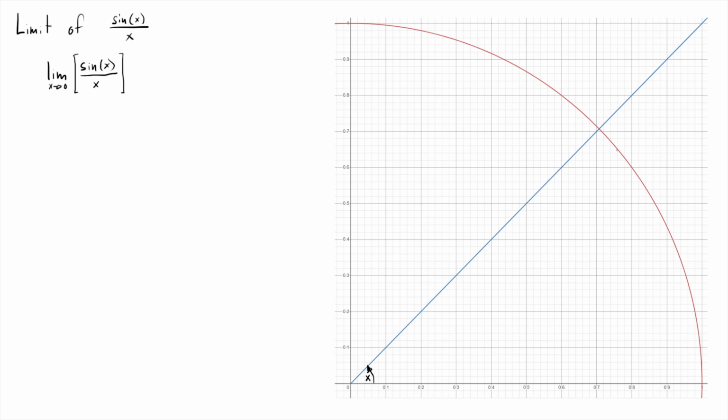The first thing that we're going to do is create some triangles. The first triangle that we're going to create is going to go like this, and we're going to call this the small triangle. And as you might suspect, there's going to be a big triangle as well. So this is our small triangle.